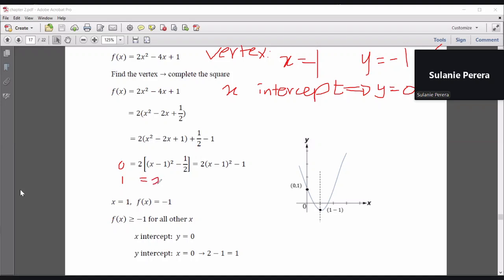You will have 2 times x minus 1 all squared, and this will be 1/2 equals x minus 1 all squared. And if you take the square root, plus or minus square root of 1/2 equals x minus 1.